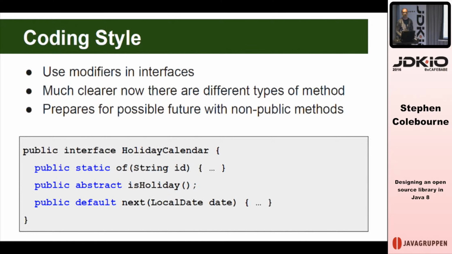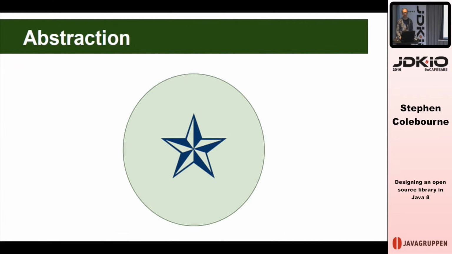But I find it quite confusing to see an abstract method not having a keyword on it, and the default method does have a keyword, and the static method does, and you worry about, are they public or not? There's also another use case where potentially in the future there might be private methods on interfaces. So again, putting public on there now will not hurt you. I believe that this is what should be considered good coding standard practice. Now we have methods on interfaces.